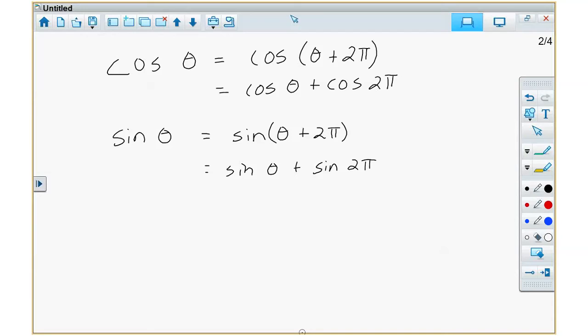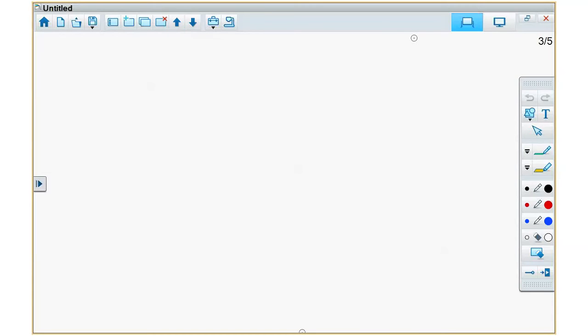Here's something else you can write down as a trick. Now this is one that's on down the page, but it's an easy way to remember.